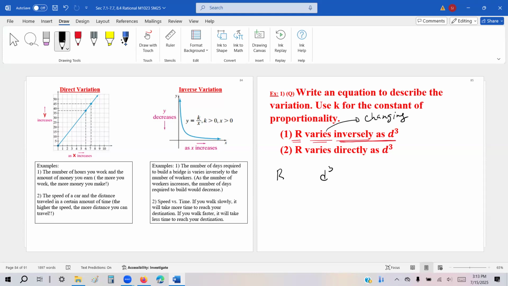How are they changing? Inversely. So if R is on the numerator, DQ has to be where? On the denominator. Then what goes on the numerator? So this is the relationship we wrote in mathematical notation. R is changing inversely with dq with a constant rate of k.